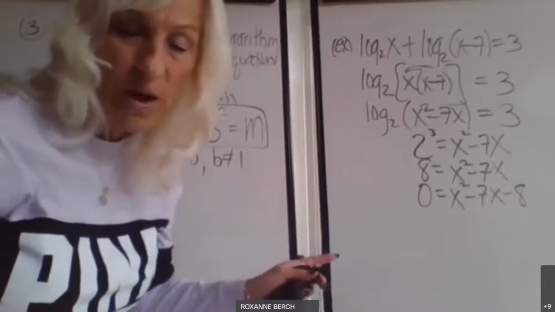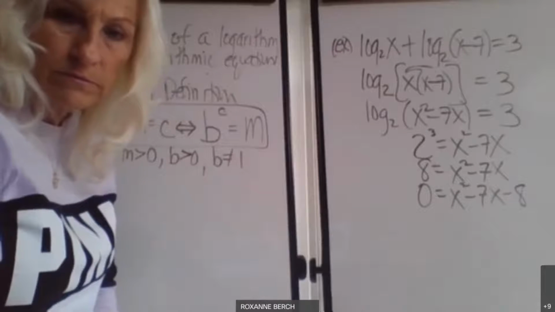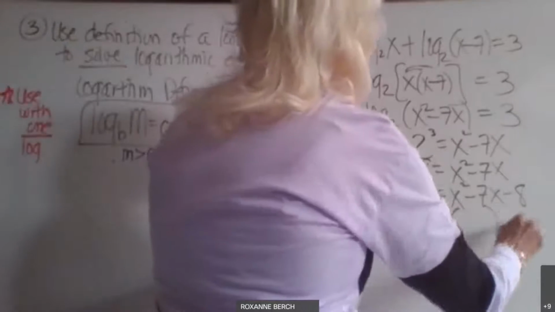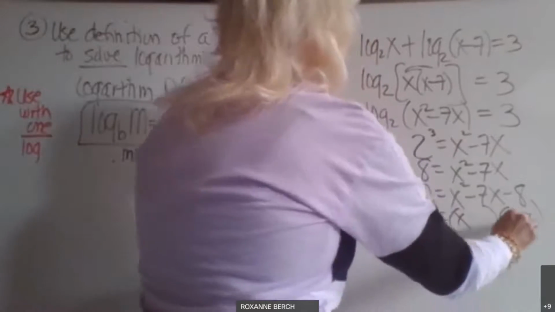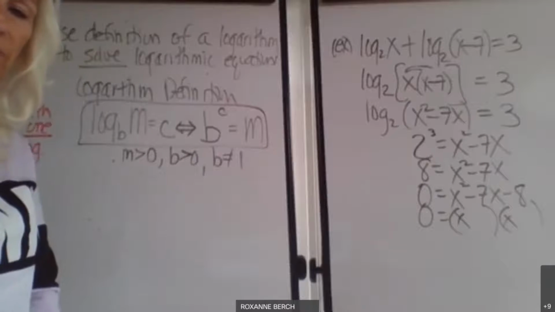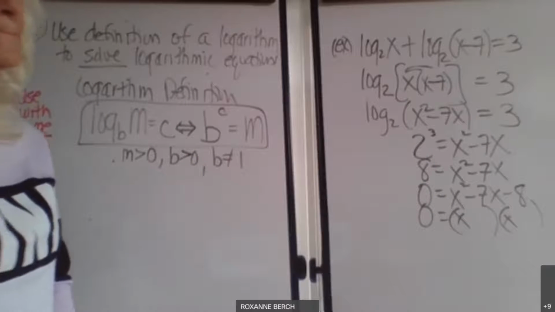Anybody want to use the quadratic formula? No. So here we go. What multiplies to give negative 8, just guess, and adds to give negative 7? It's a puzzle. Factoring method 5.